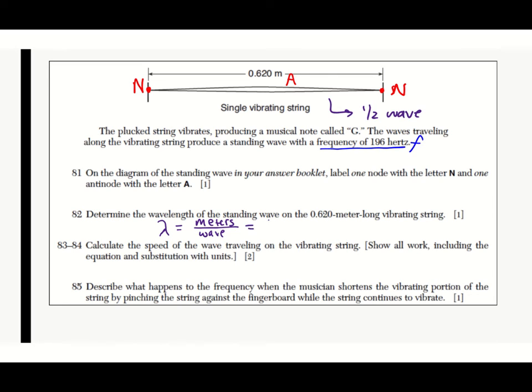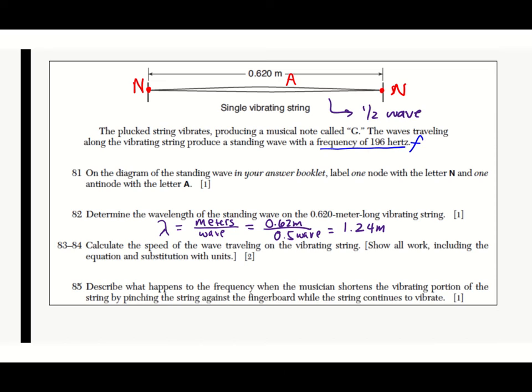And if you have 0.62 meters over half a wave, you have to double it, and you get 1.24 meters as your wavelength. Because if you continue to draw this out, if this is half a wave, the other half would expand out this way, being twice the distance of what you see.